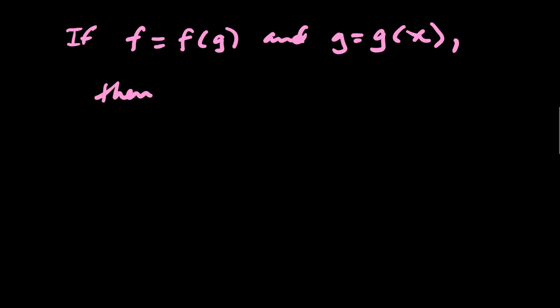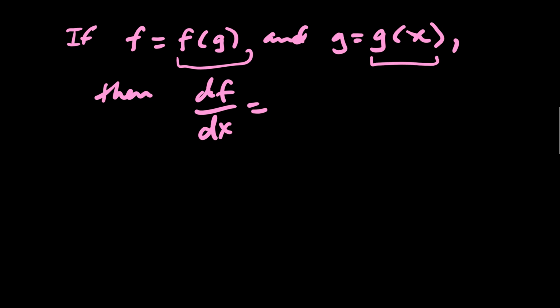Then the derivative of f with respect to x is, all right, so f is in terms of g, and g is in terms of x. So in order for f to get to x, you have to go through g first. So it's the derivative of f with respect to g times the derivative of g with respect to x.